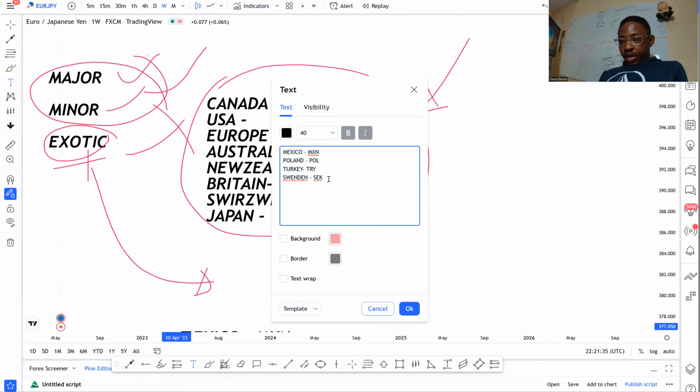And then we have Norway. They spend the Norwegian krone, which is NOK.